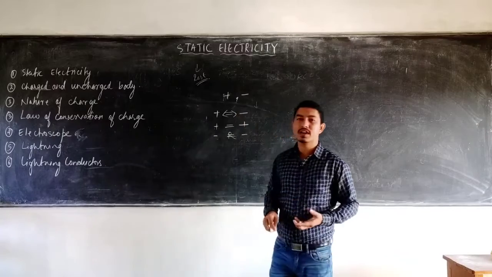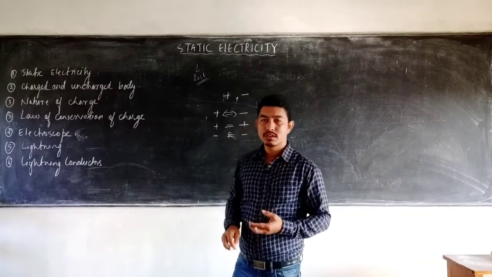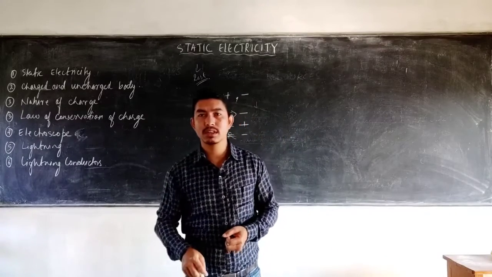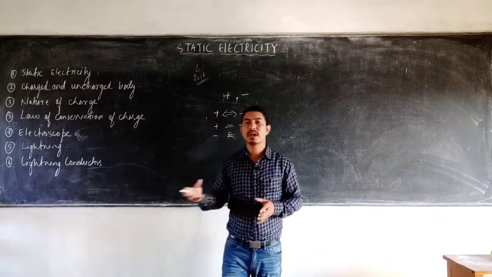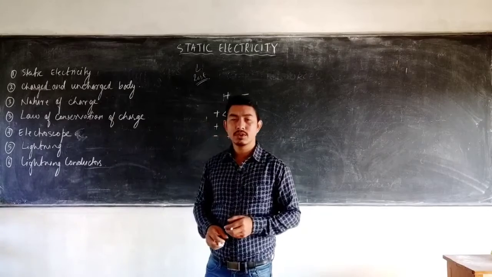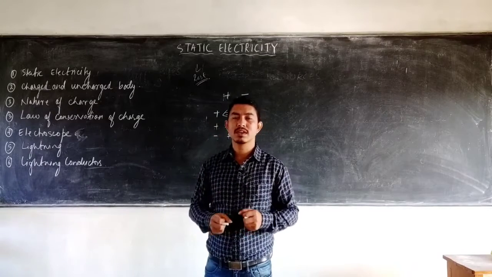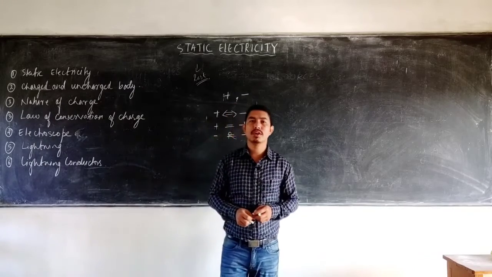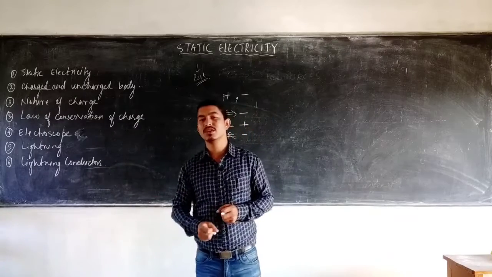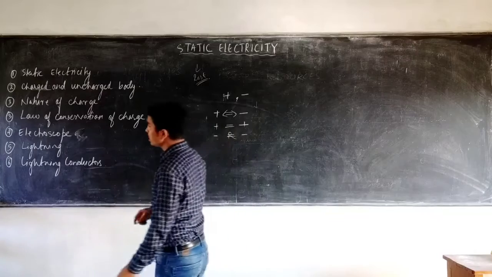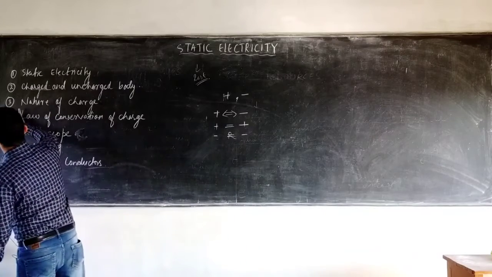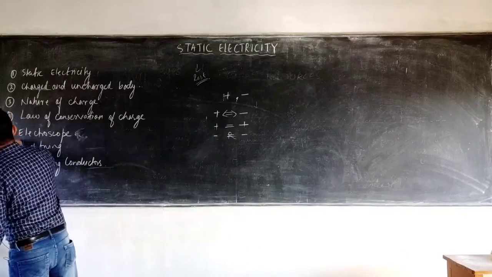So the like charges repel one another, and the unlike charges attract one another. This force of attraction or repulsion is known as the electrostatic force. If it attracts, it is known as electrostatic force of attraction, and if it repels, it is known as electrostatic force of repulsion.